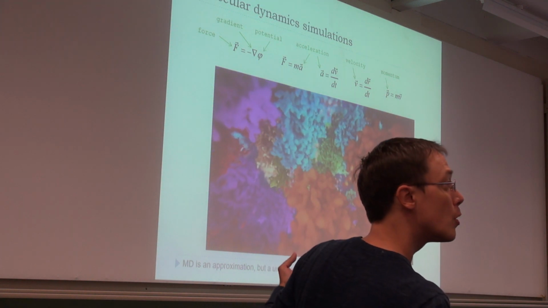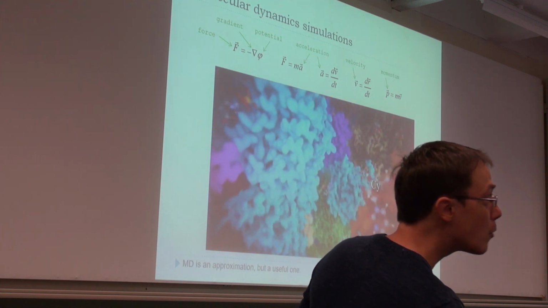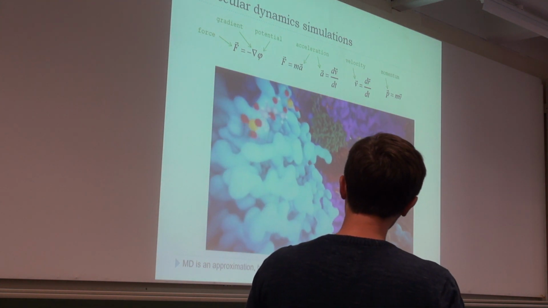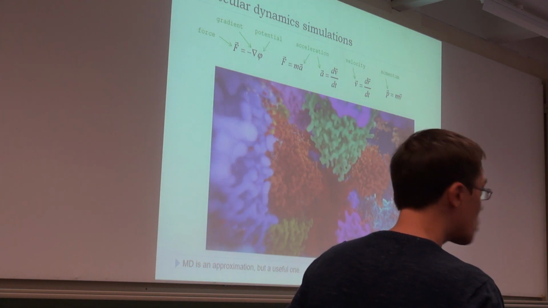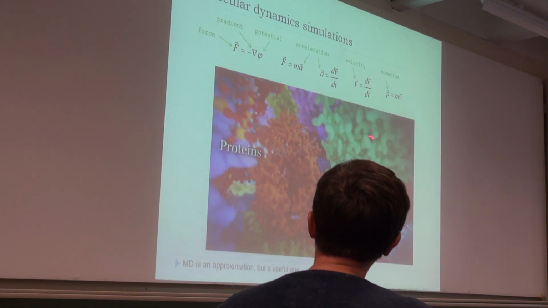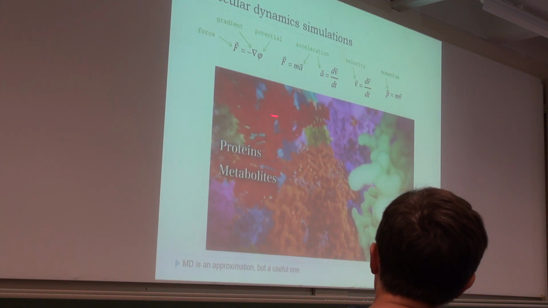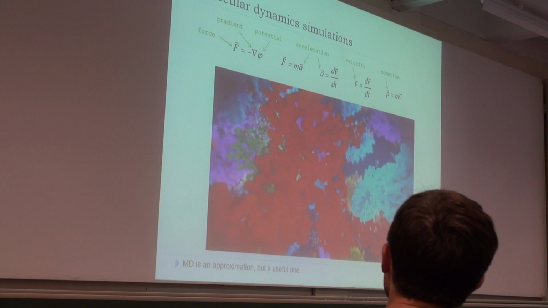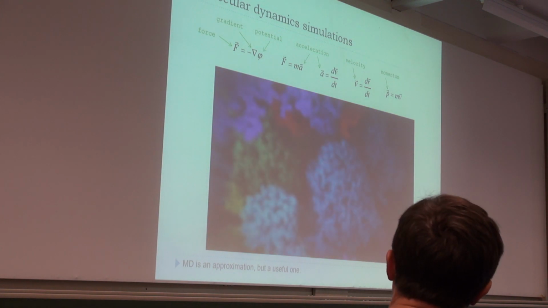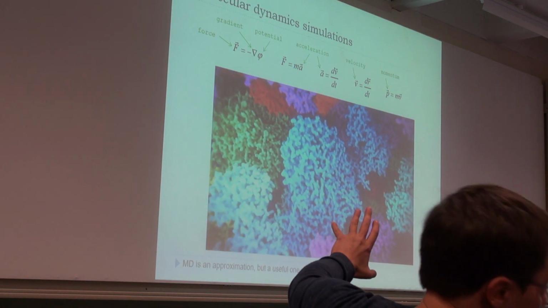So when they visualize this, they just took the water out of the visualization. So this is a real-time molecular dynamics simulation in a large supercomputer of the various proteins and the associated metabolites like ATP, sugars, and so on that you have bound to those proteins. So here's a frozen time.